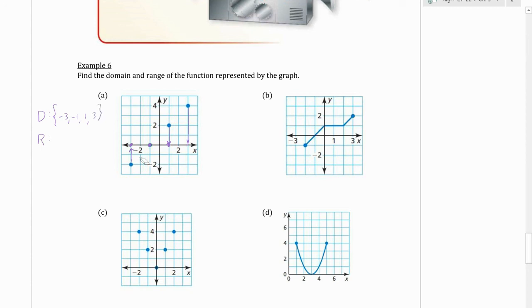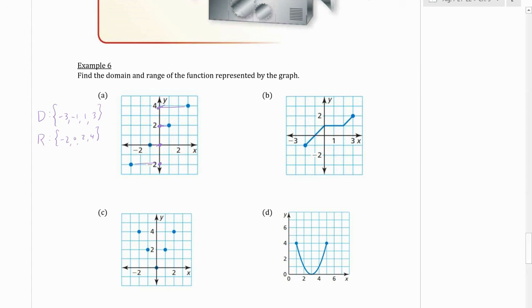Those are my inputs. When it wants the ranges, squish those points to the y-axis. So -2, 0, 2, 4. So it's just a set of points. Now, our textbook doesn't put the set markers around it, but pretty much every other textbook under the sun does.